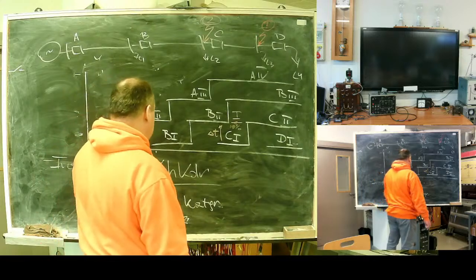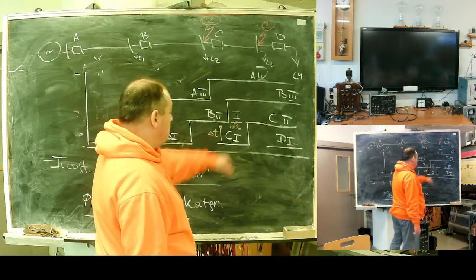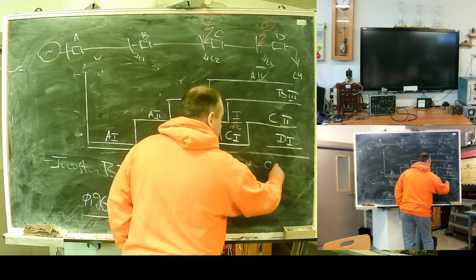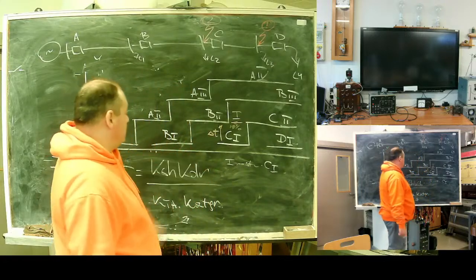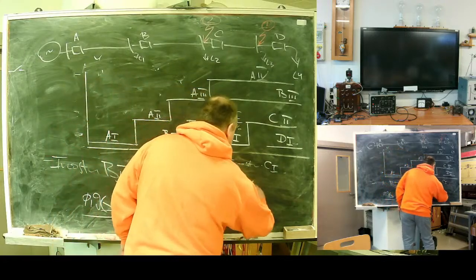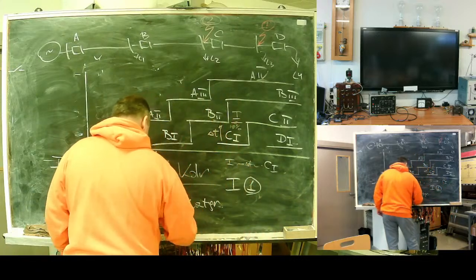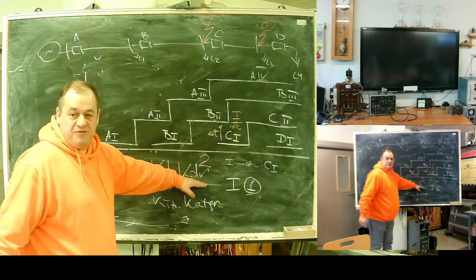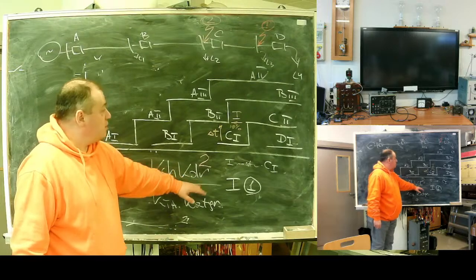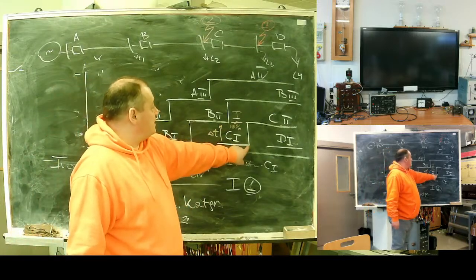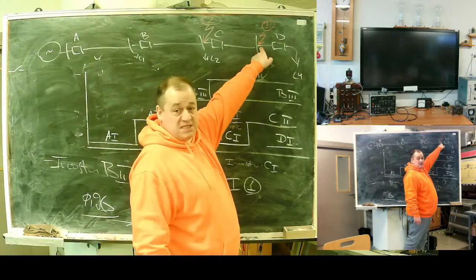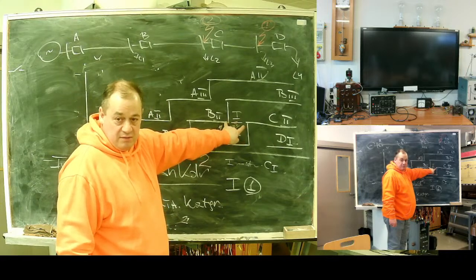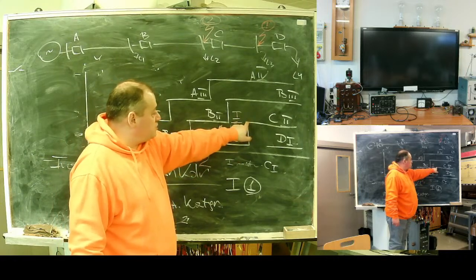So, here I should write what? In theory, E of C1. In reality, I1, and very important, safety factor square. This point is calculated as a safety factor multiplied by this current. This point should have 10% safety margin relative to this point.